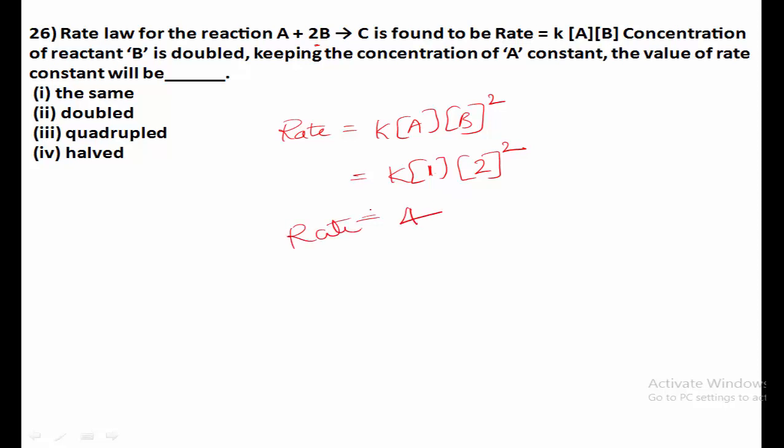Rate is equal to 4K. Hence 4 times the rate of reaction increases. So it is quadrupled. Option 3, the third one is the right one.